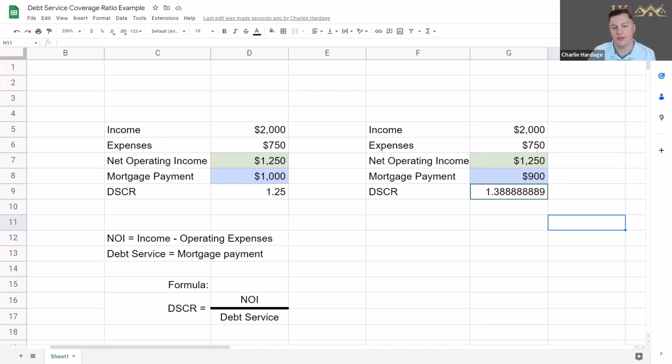So in order to raise the DSCR, you've got to look at increasing income and/or reducing expenses and/or putting more money down on the property. I hope this video helps a little bit about the DSCR. What lenders look for is typically 1.25. That definitely varies.